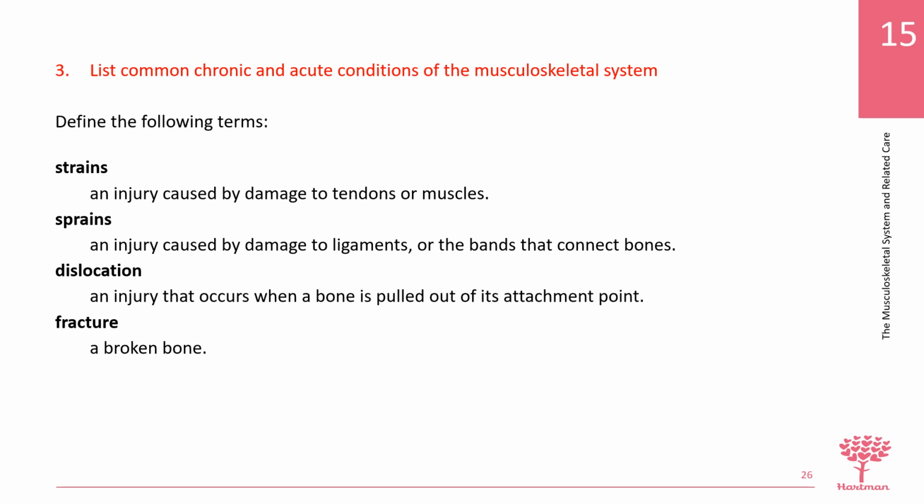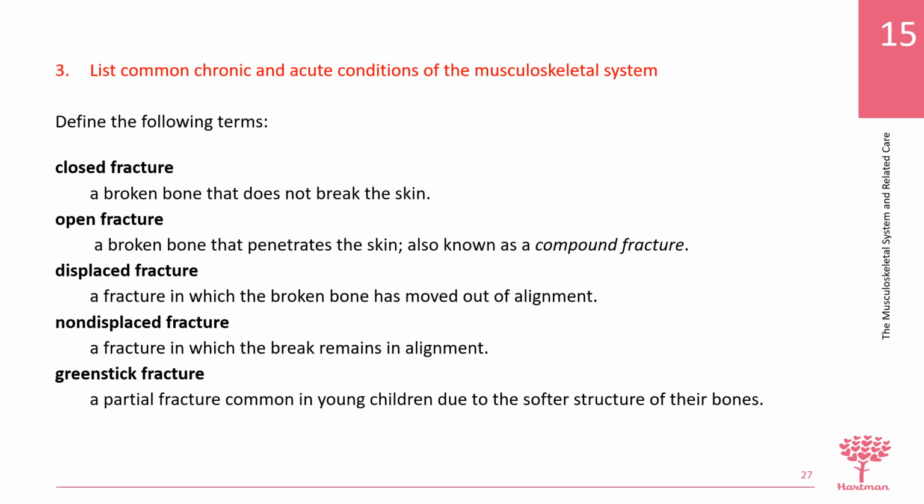is a broken bone. Now we have different types of fractures, and you can look on page 223. The first thing you see is a dislocated joint or bone, but then you can also see the different types of fractures. You have a closed fracture, which is a broken bone that does not break the skin.